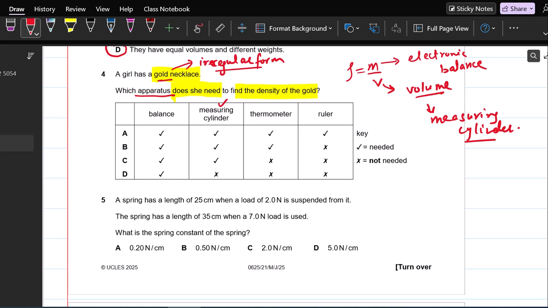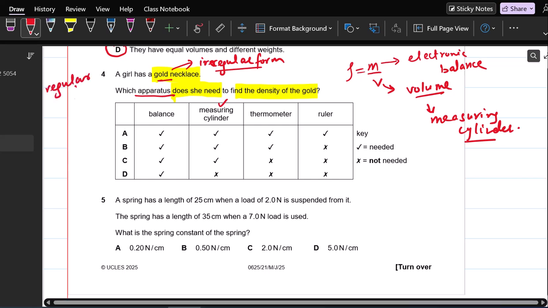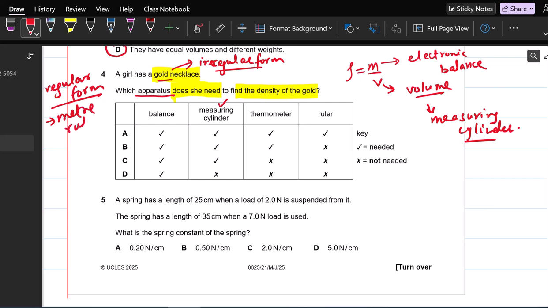If it is regular form, then we need a meter rule or a micrometer, otherwise not. It is not mentioned whether the gold is regular or irregular in shape, so we are going to consider that gold is in irregular form.